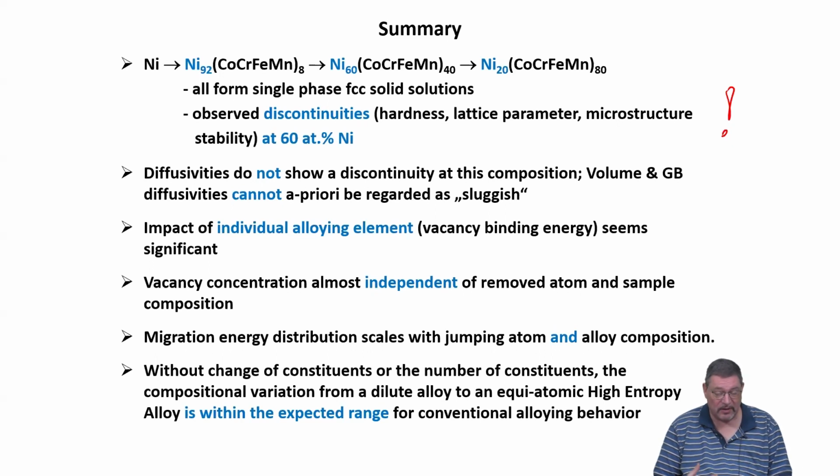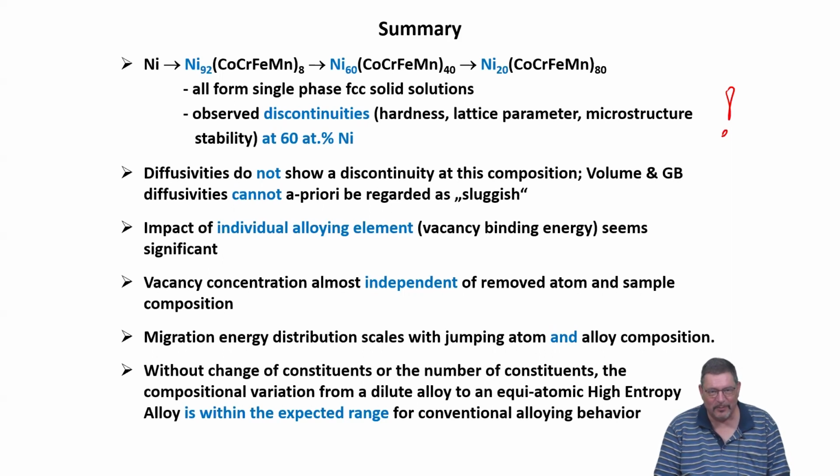It could also be that due to a strange effect of the high entropy alloy design, the grain boundary properties could be affected in such a way that you would get wrong diffusivities for the volume. So we need to check both in order to be able to know, is there a change or is there not a change?